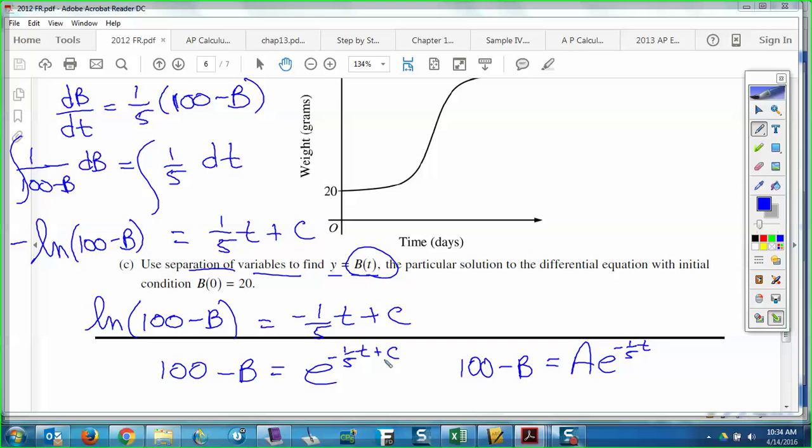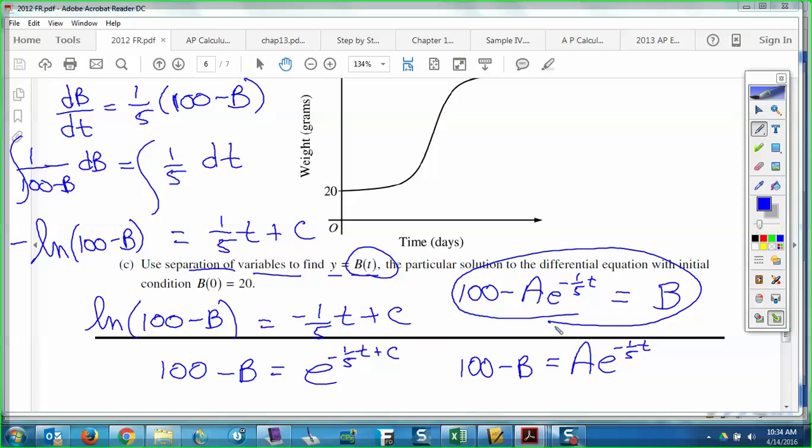Okay, we did that where we split that apart with that plus c in there last time. And then let's see, I think it'd be best to add the b over to the right instead of dividing by negatives, and subtract that over, so it'd be b equals 100 minus a e to the negative 1/5 t. Right? Now I haven't put my initial condition in yet.